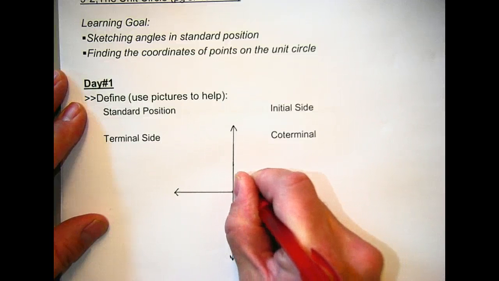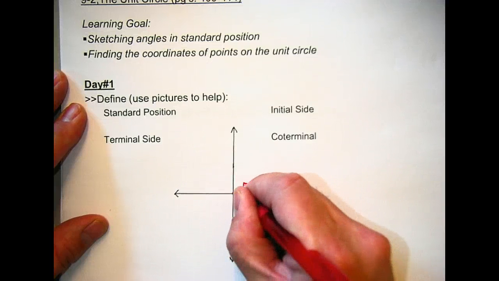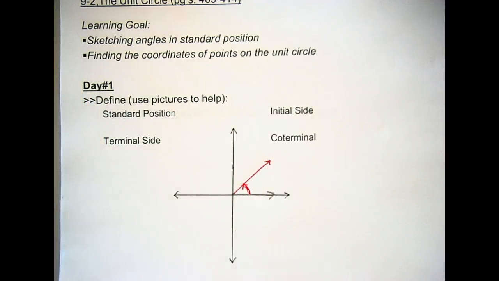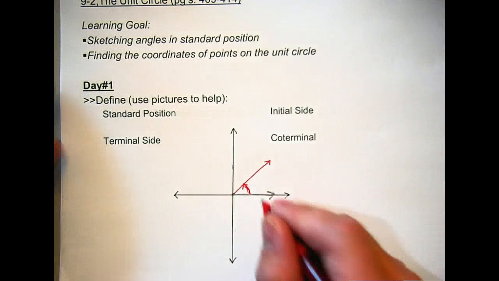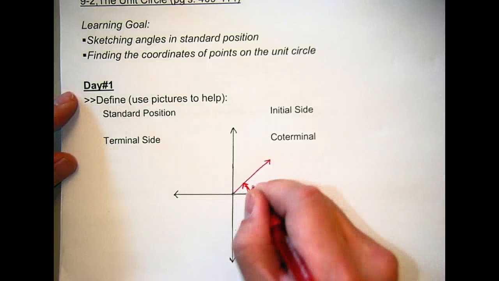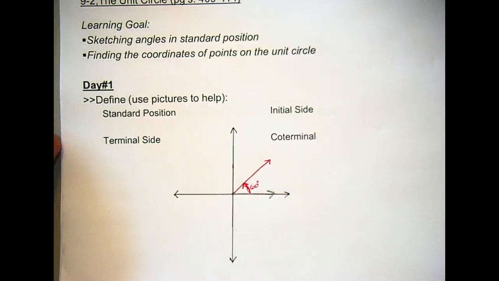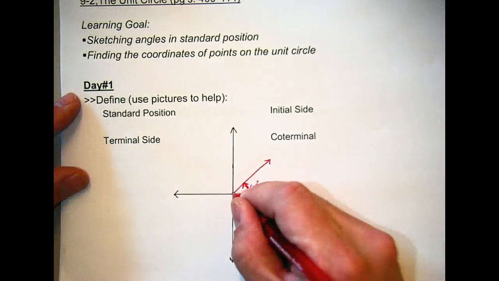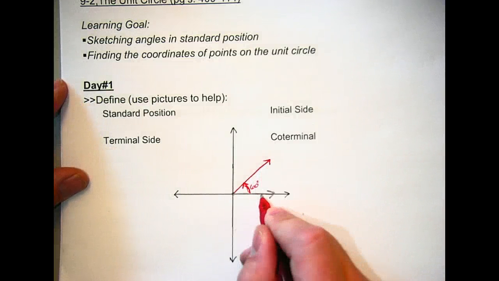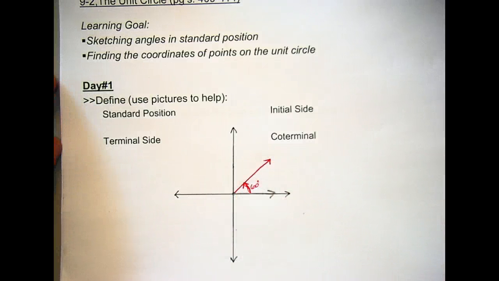If I rotate to there, and I get that angle, let's call it a 60-degree angle just for ease here. This is called your terminal side. It terminates there, it ends there. So initial side, terminal side, we've rotated a positive 60 degrees.